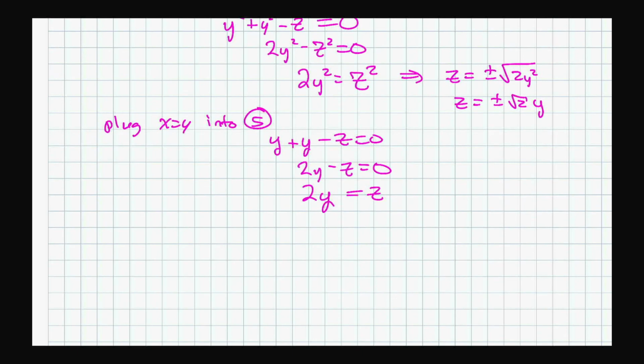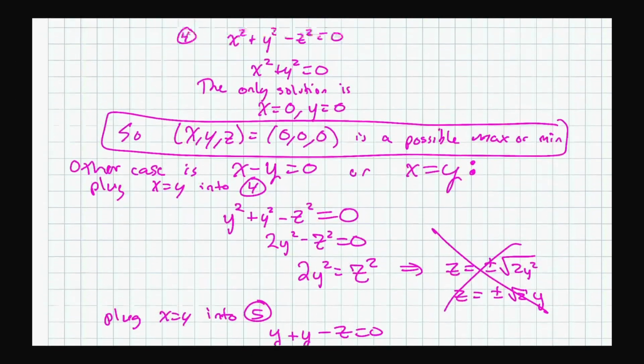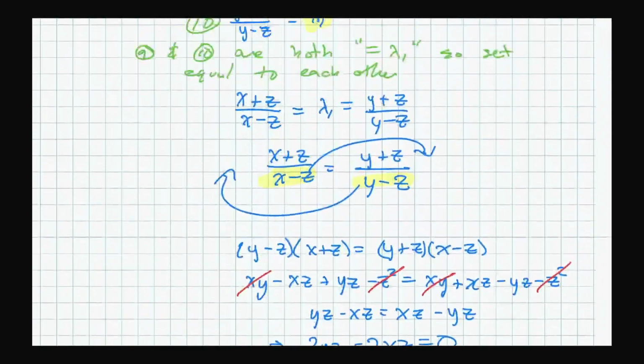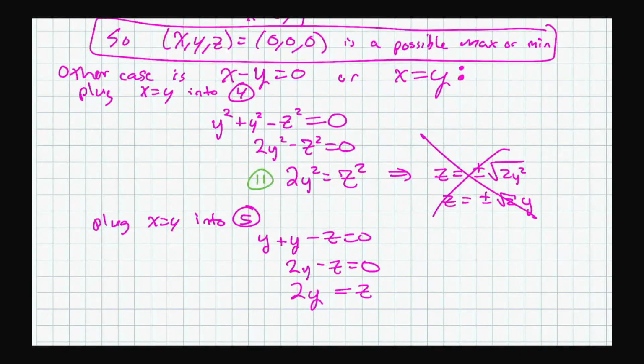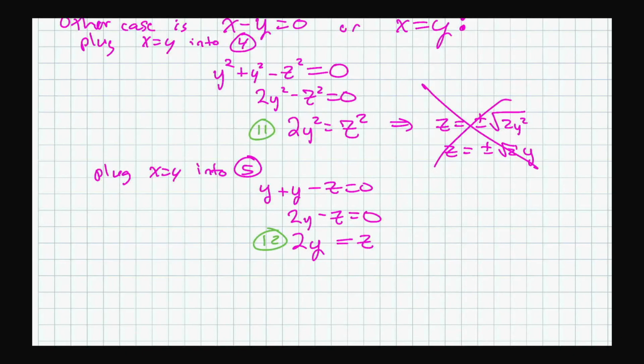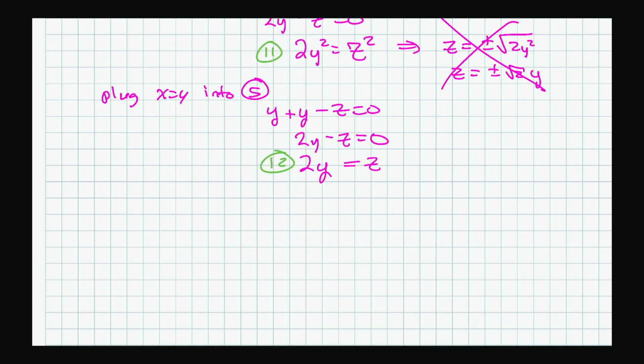that makes me want to come back here. I've got these equations here. If I call this 11 and this 12, we can substitute 12 into 11 for z.